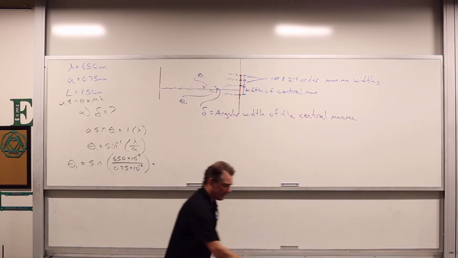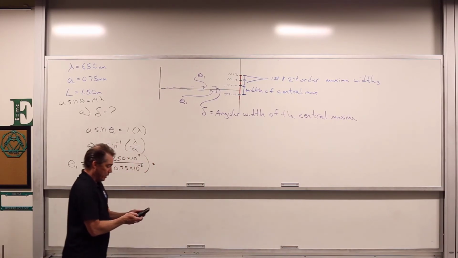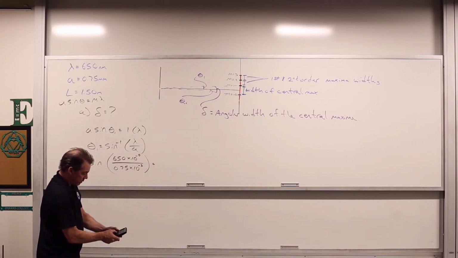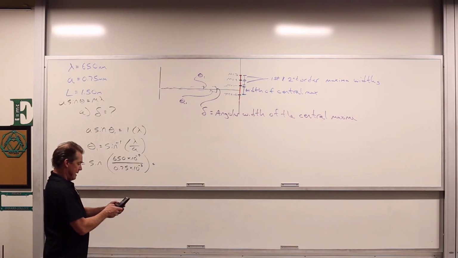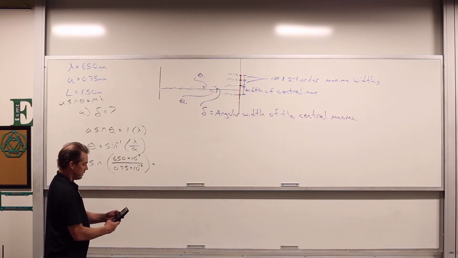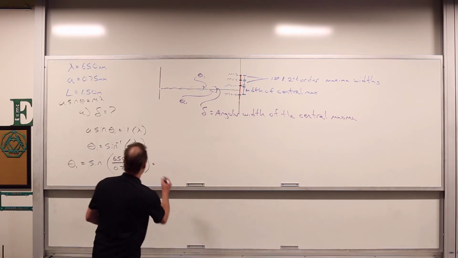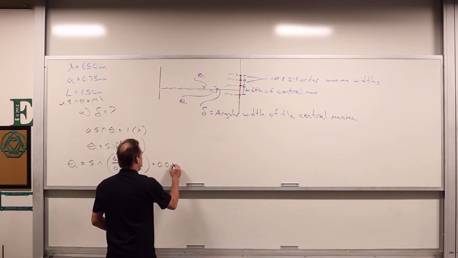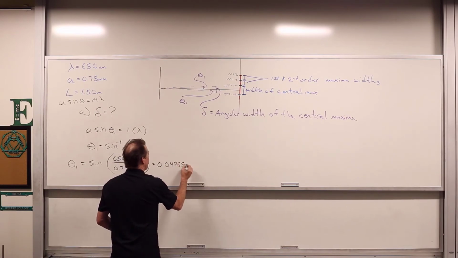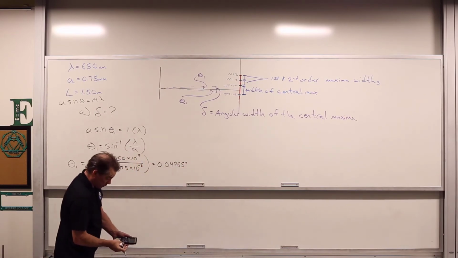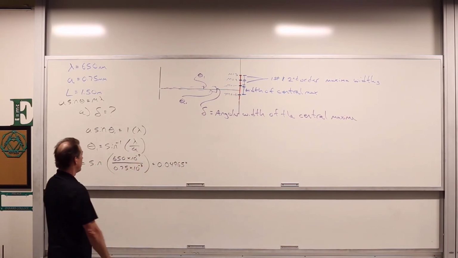And we can get our subsequent angle in degrees. Let me make sure we're in degrees here. Yes, we are. And that gives us 0.04965 degrees.